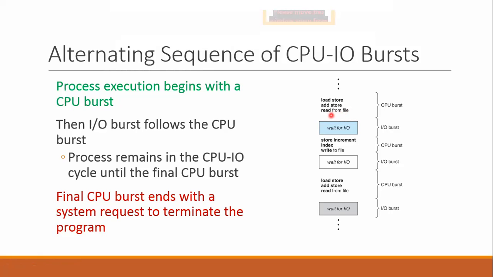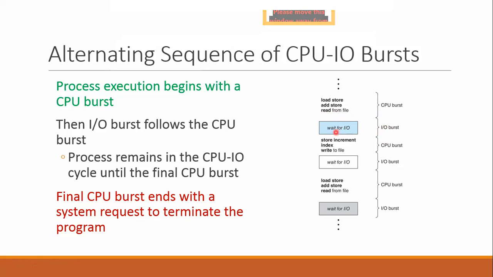So after the process has issued a read request, then it will enter the IO burst cycle. And in IO burst cycle, process will be waiting for the IO operation. Consequently, CPU will not be doing any work during this IO burst cycle.